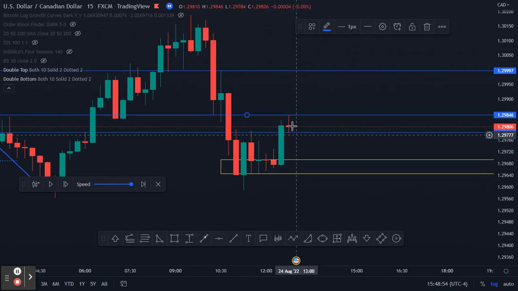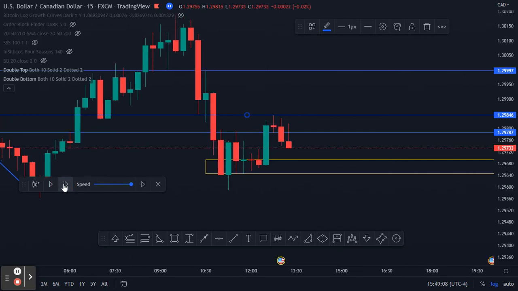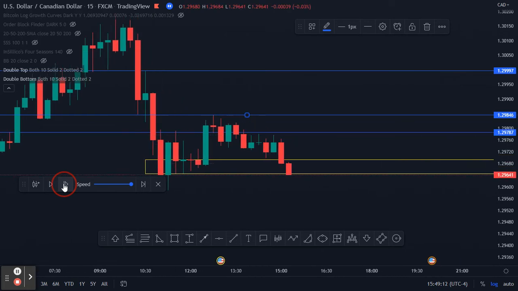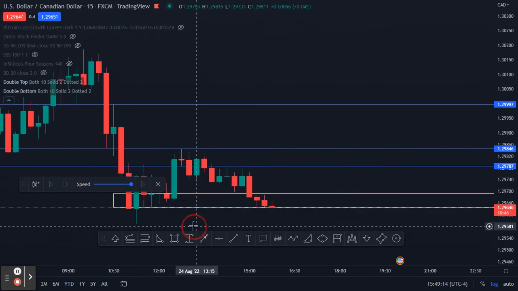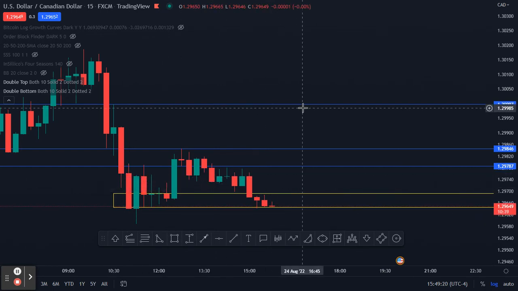I was really looking for this. So if price comes down here and engulfs this bar, I'm going to put my stop loss above here. I'm going to take the trade down, and that's exactly what I did. All right, so we're in the trade. Targets hit. We're good to go. If you wanted to, you can move your stop loss into profit for safety, and we're good to go.